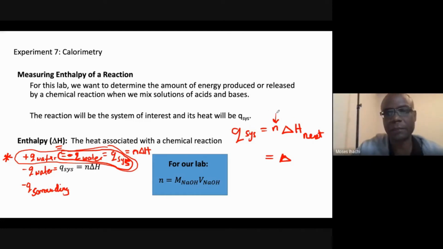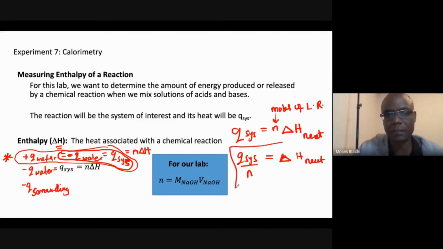It's the symbol for moles of limiting reagent. So divide both sides by the moles. Heat of neutralization will be Q system divided by the number of moles.